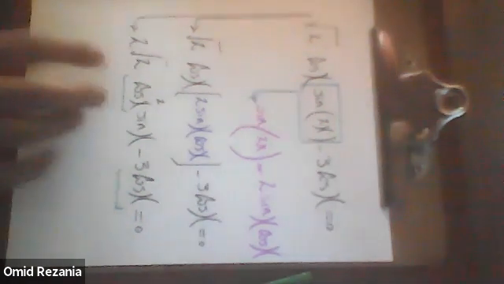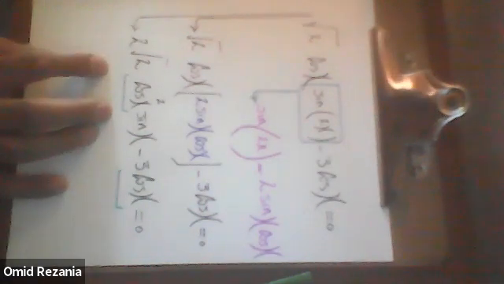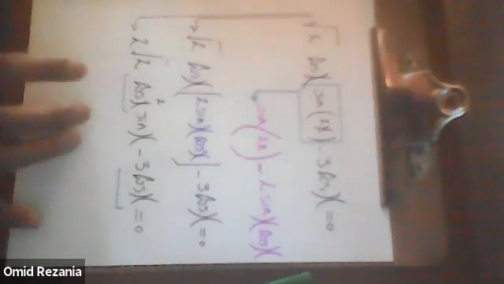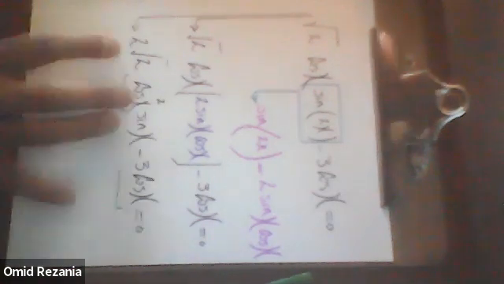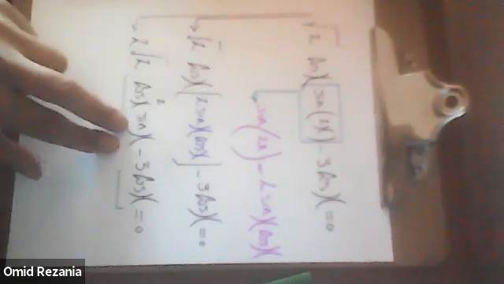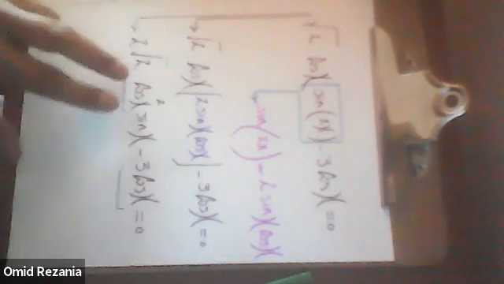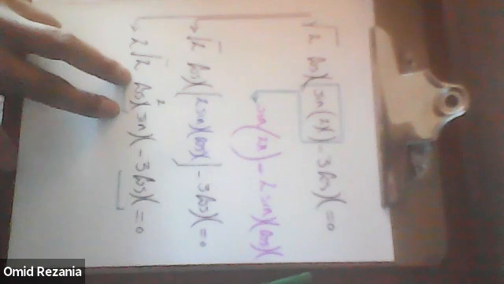Then I see that at this stage, I cannot just use the simple substitution to call cosine x as u and transform that into a simple quadratic equation, because it's not going to solve anything because of the sine x, which is attaching itself very strongly to the cosine squared of x.